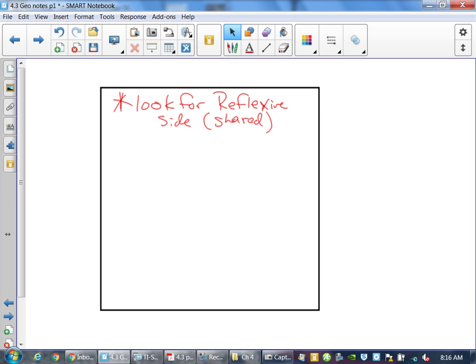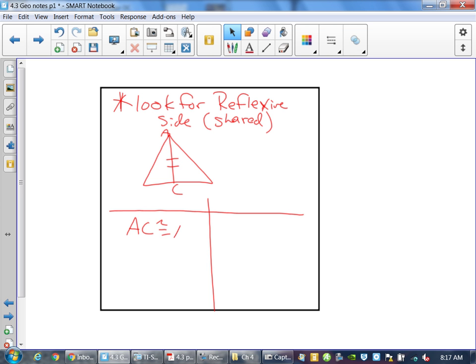And we had a diagram, I think, in there where it looked kind of like this. I'm just going to call that AC. Now, I asked that you guys saved a little bit of space on your sheet so that way you know what to write down and prove. So let's do an example. I would say this: AC congruent AC, and the reason is reflexive.